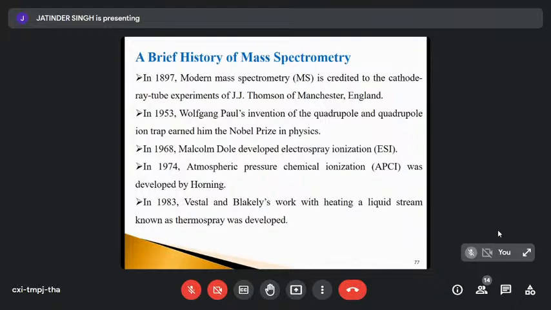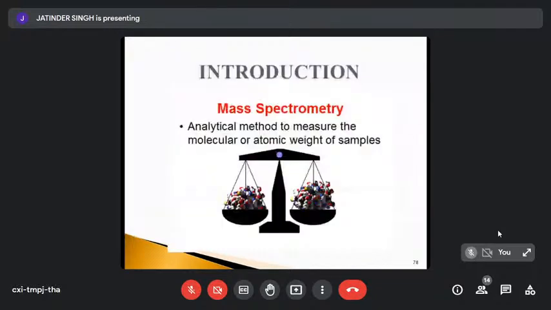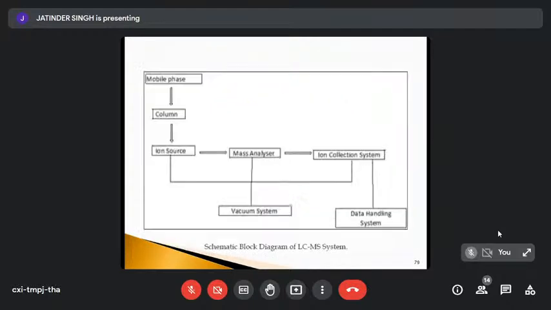The discovery of mass spectrometry started in 1897 from J.J. Thomson's experiment, and after that in 1983 thermospray was developed. And mass spectrometry is an analytical method to measure the molecular or atomic weight of samples.